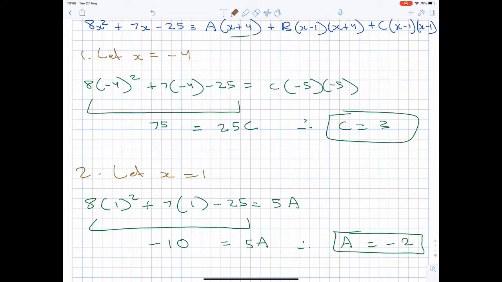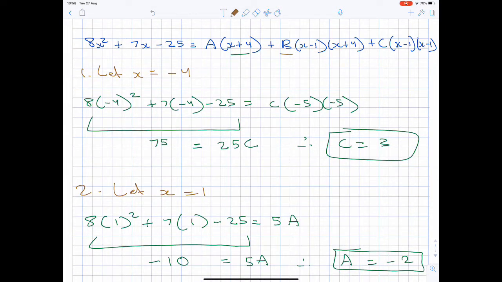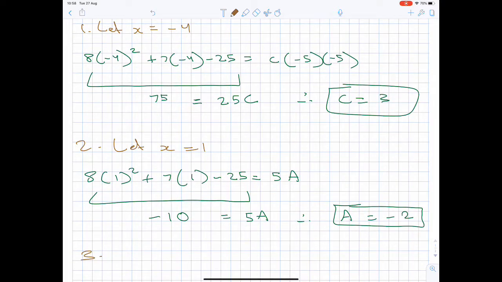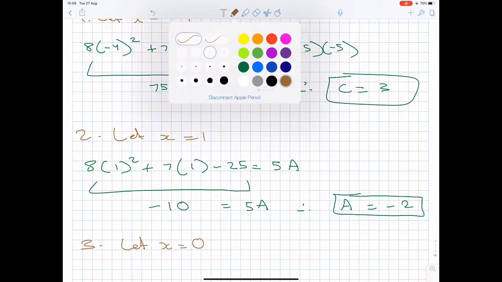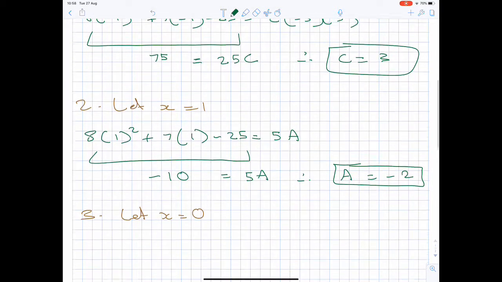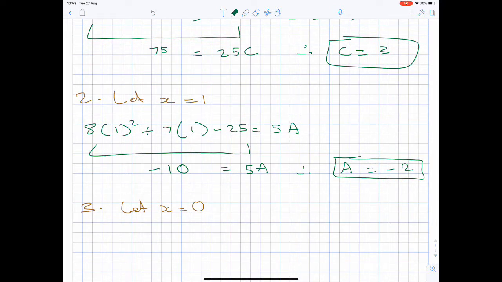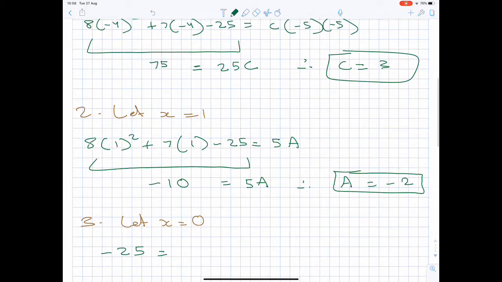With that, we can now find our final letter, which is B. I'm going to do that by saying let x equals 0. On the left hand side, we're just left with minus 25, because anything else times 0 is just going to be 0.